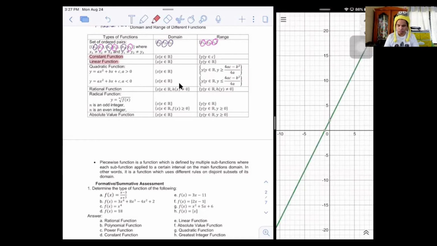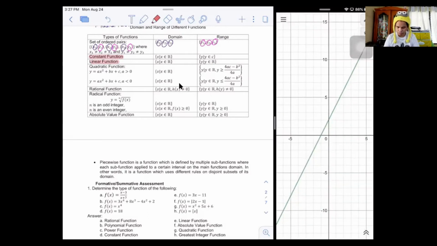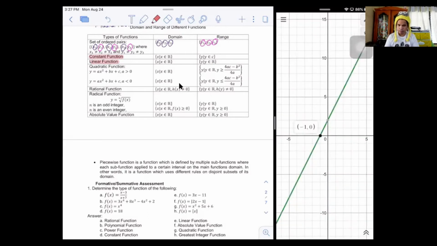So when we say straight line, naa na siya'y mga x-intercept o y-intercept. So asa ang x-intercept? Kani. So the x-intercept is -1. If you let y equal to 0, you will get the x-intercept. And this is the y-intercept, 0, 2.